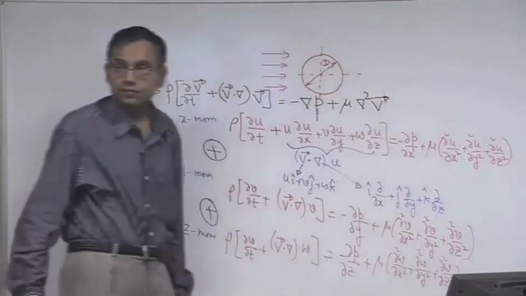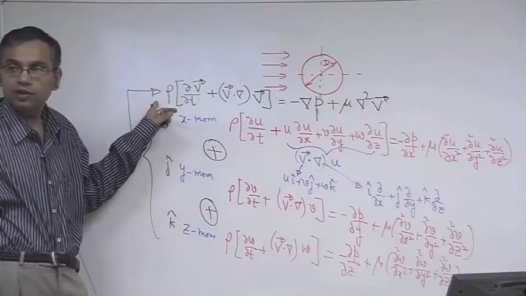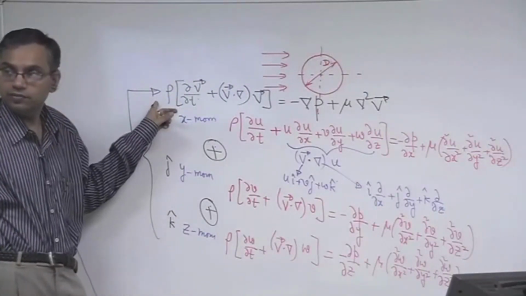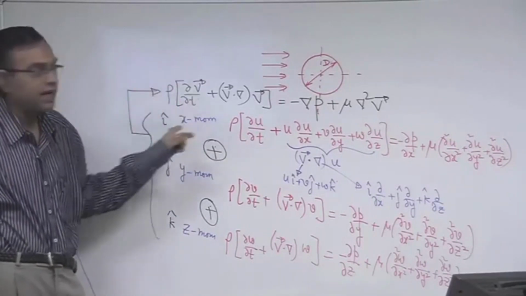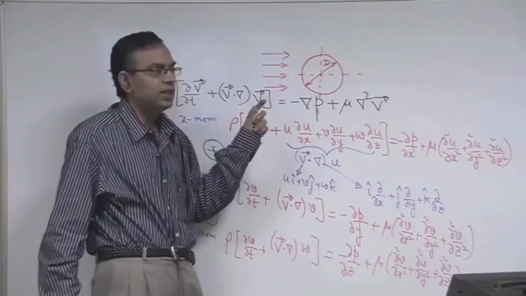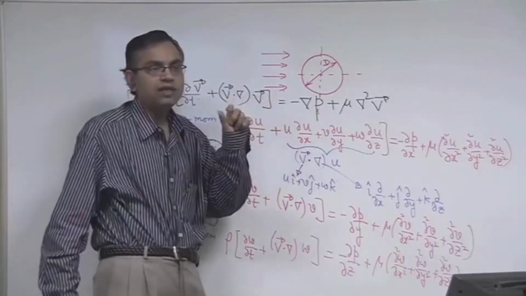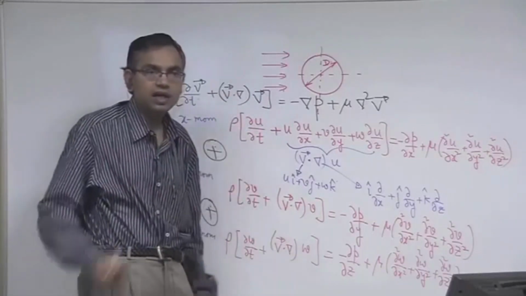So, this is a compact way of writing the Navier-Stokes equation in vector form. We have seen how to write it in index notation. This is a compact way of writing that in vector form, and writing that in vector form like index form is very much specific to Cartesian nature of the indices.